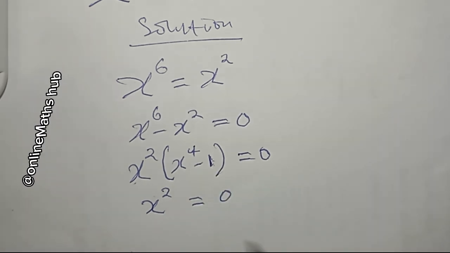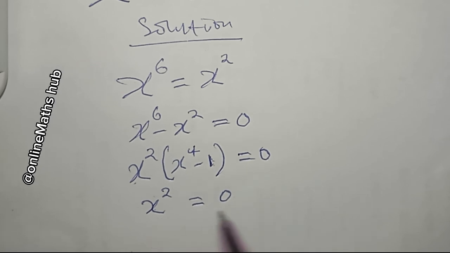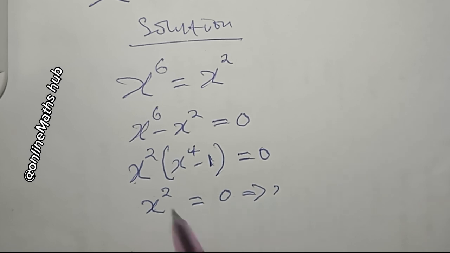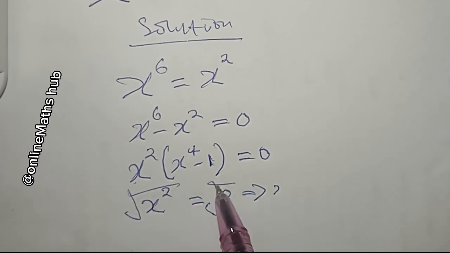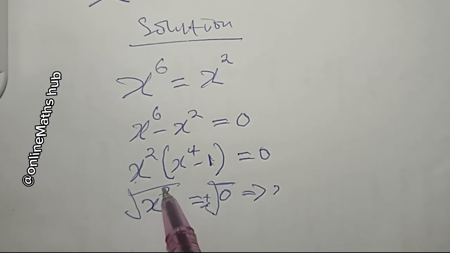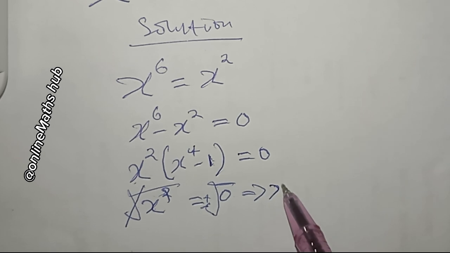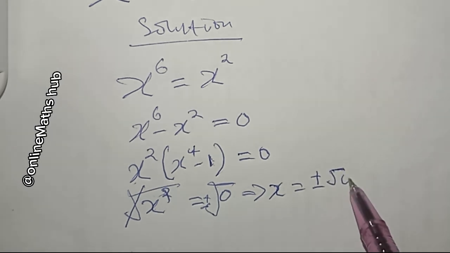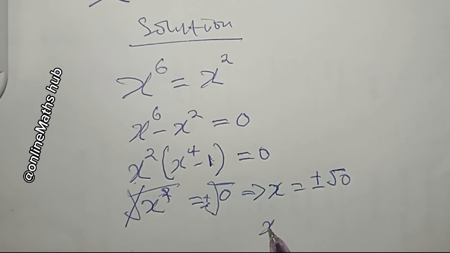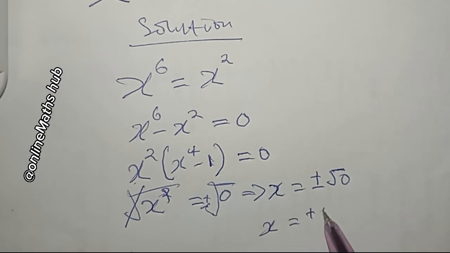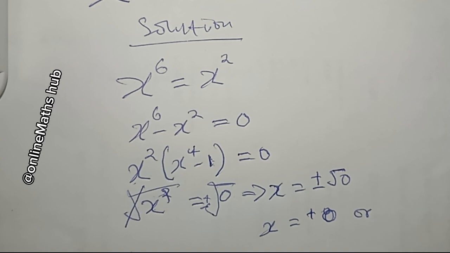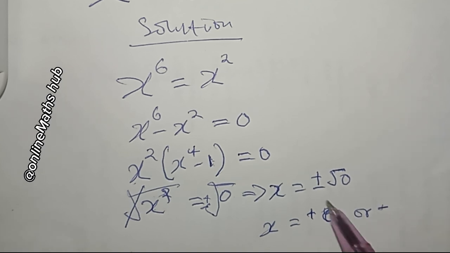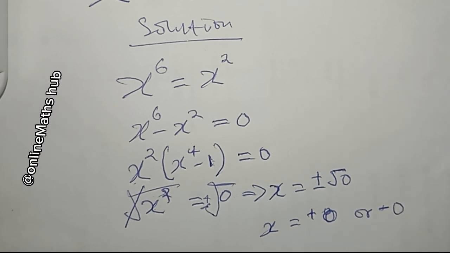Choosing the first case, x power 2 is equal to 0, which implies, taking the square root of both sides, that x is equal to plus or minus the square root of 0. So x is equal to plus 0, and x is also equal to negative 0. So we've gotten the first two values of x which satisfy this.